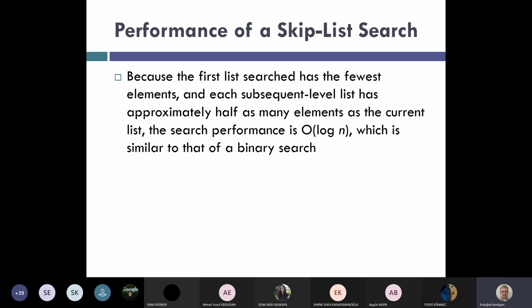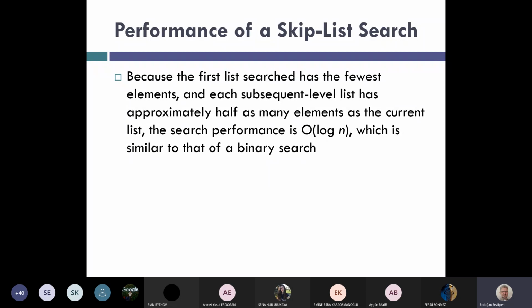So at each level, we have fewer and fewer elements. So when we start searching the highest level, we search between a very small number of elements. Then we get rid of some part of the elements in the previous level, and the number is almost half.